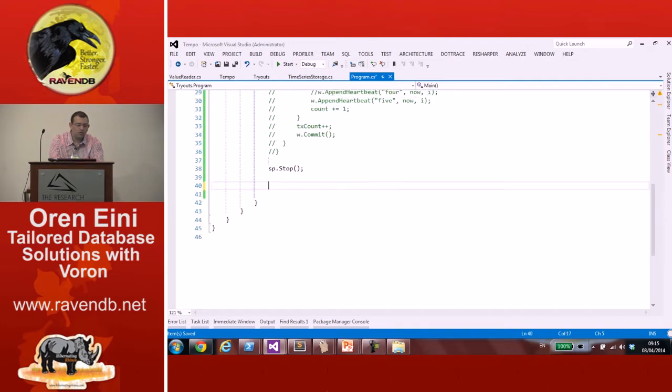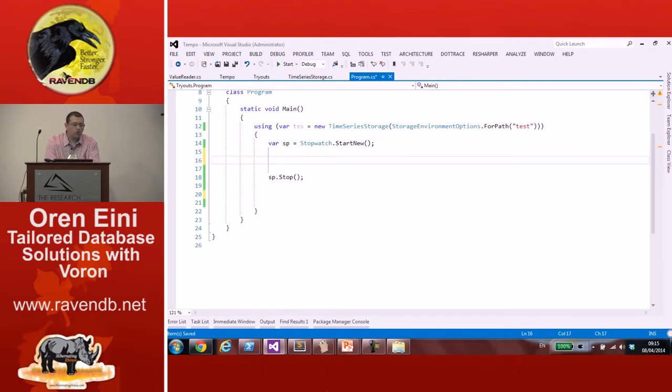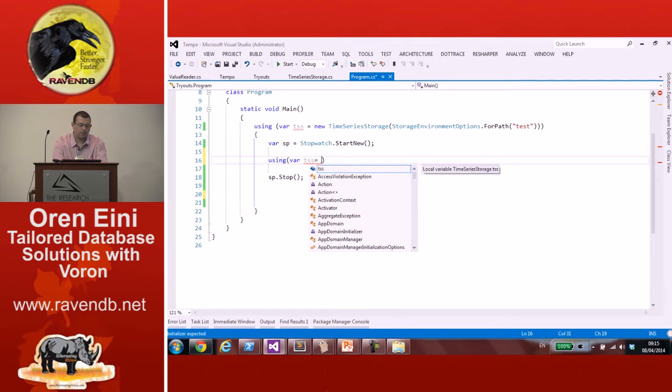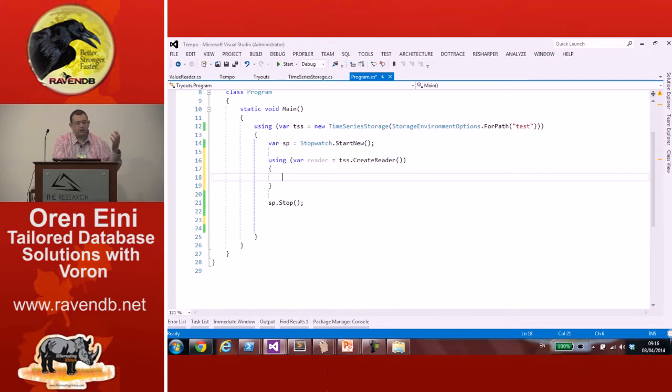What I actually want to do is something quite simple. I know that there is a reader equal TSS create reader. And what do I want to do? Let's just read everything and sum up the value.